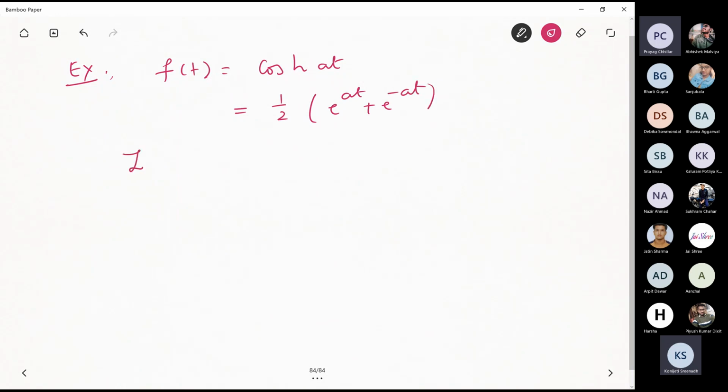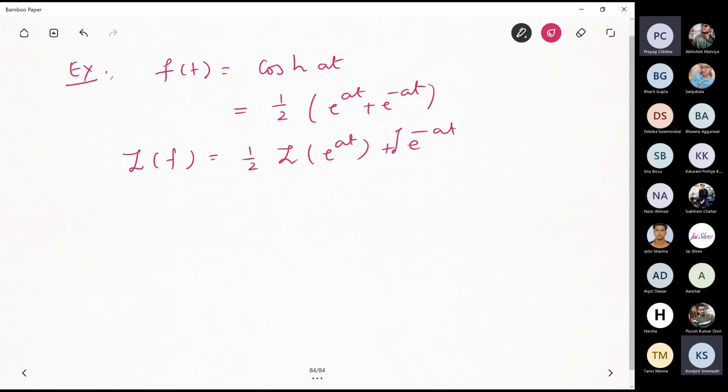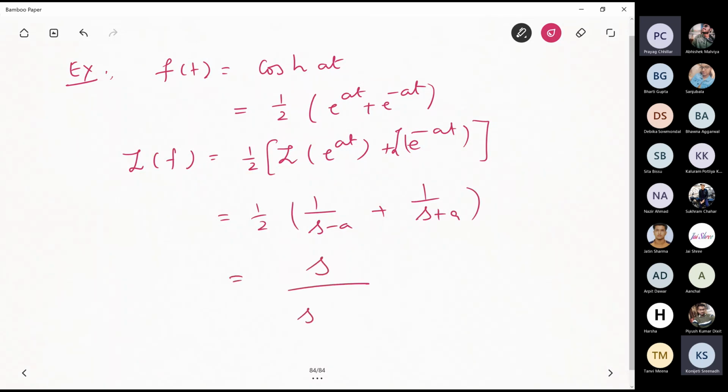And now we can use the linearity of L to find what this is. So this is going to be 1 by s minus a plus 1 by s plus a. So this turns out to be s by s square minus a square.